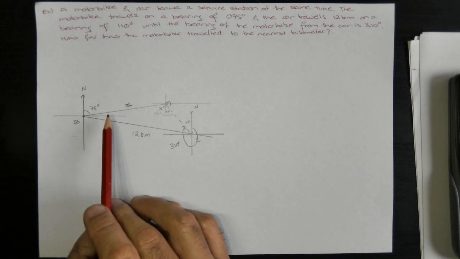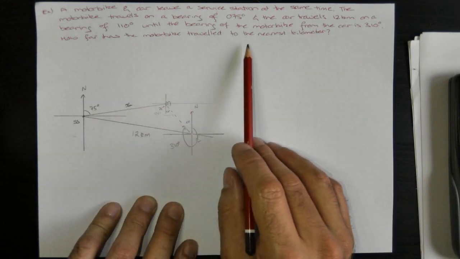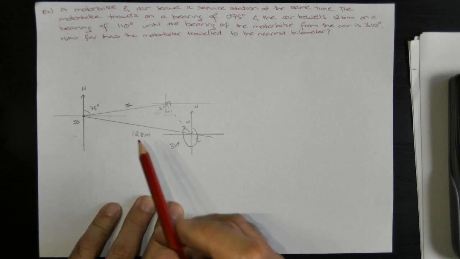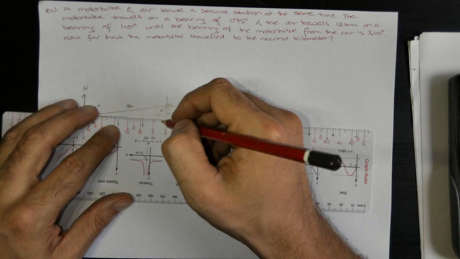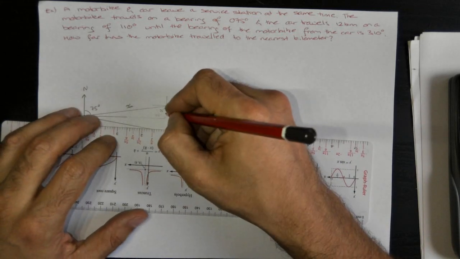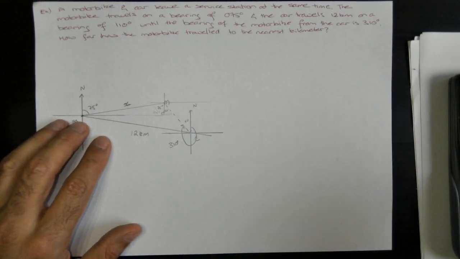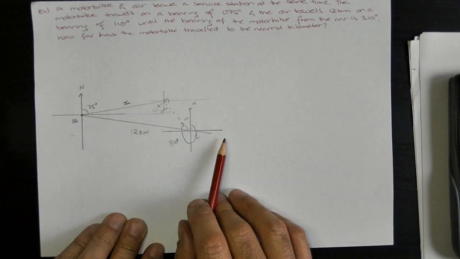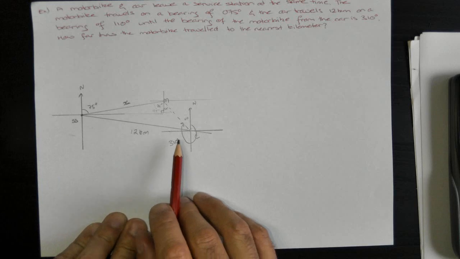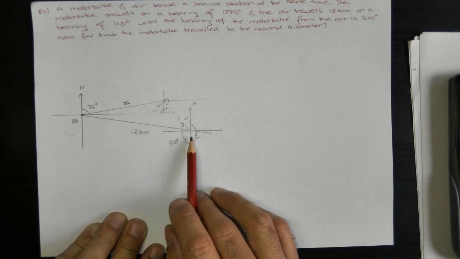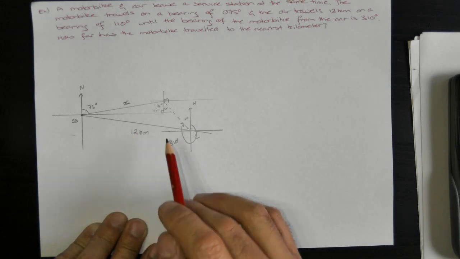However, if we only want to find out how far the motorbike has travelled to the nearest kilometre, that distance, we could just have this triangle. But we have this information.